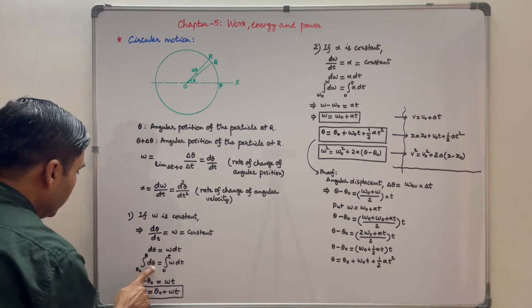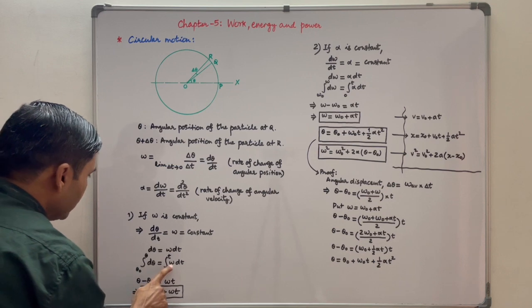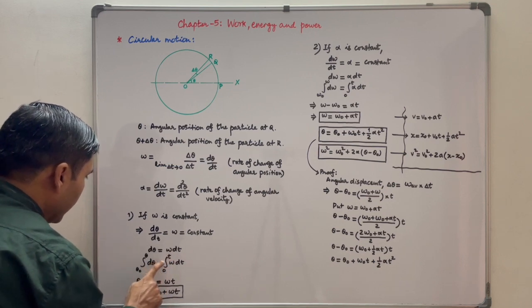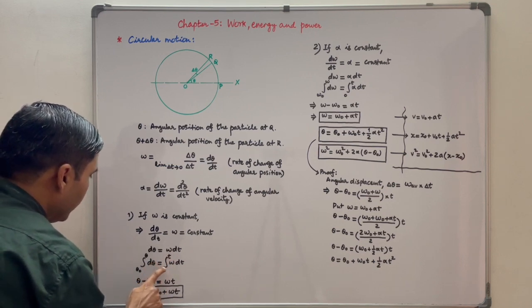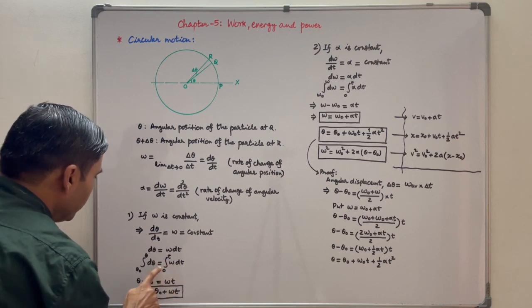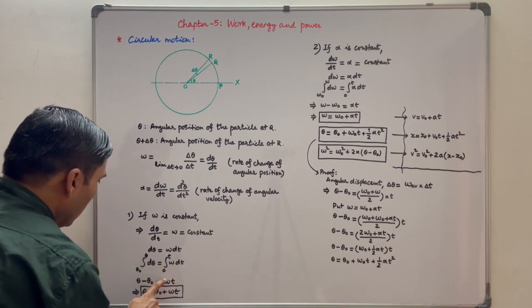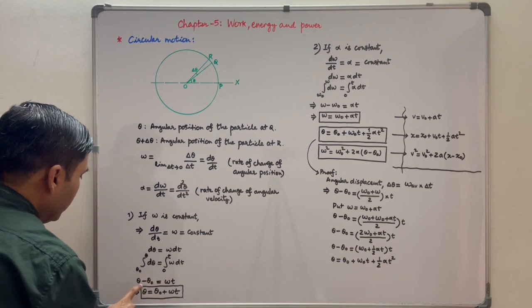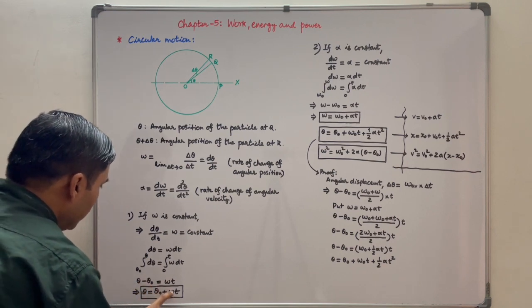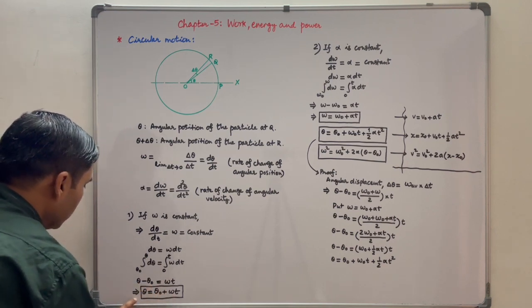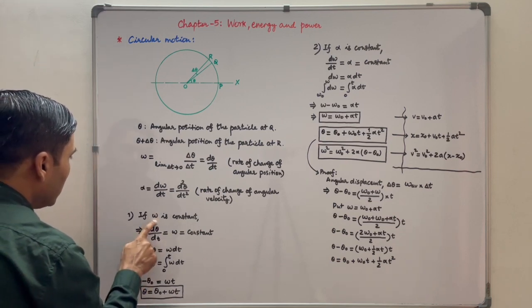So integration of d theta from theta 0 to theta will be theta minus theta 0. Since omega is constant, so it can be taken out. So it will be omega into integration of dt from 0 to t, and that will be omega t. So it will be theta is equal to theta 0 plus omega t. We can use this equation when omega is constant.